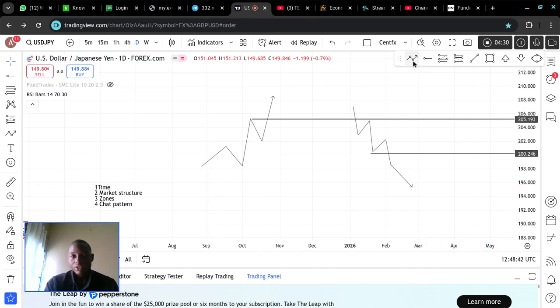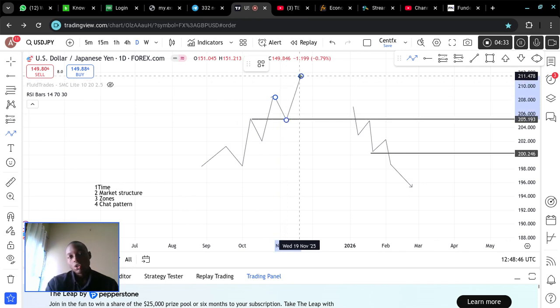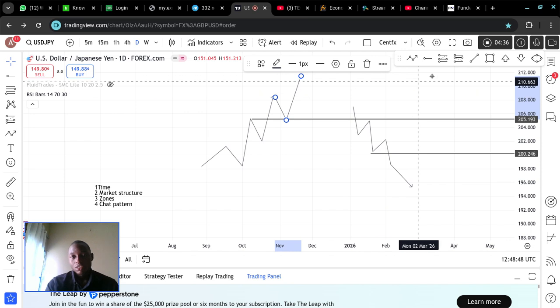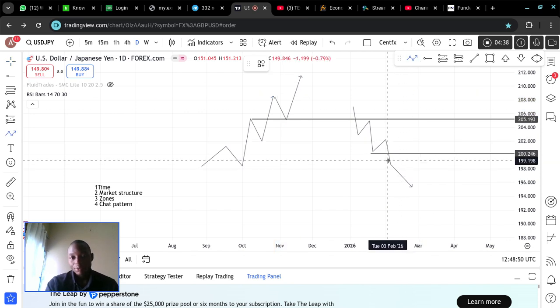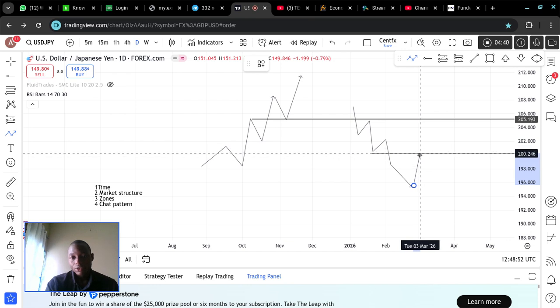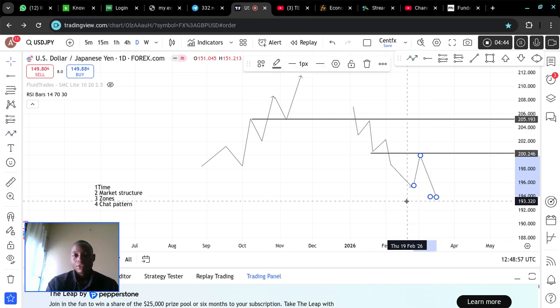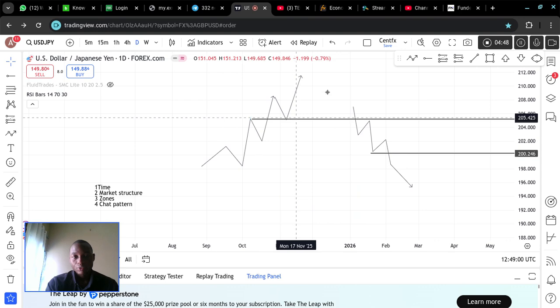So now you have to wait for the market to pull back to this support and then you go for a buy. For a sell, you have to wait for the market to pull back to this resistance, then you go for a sell. You understand? That is how it works.